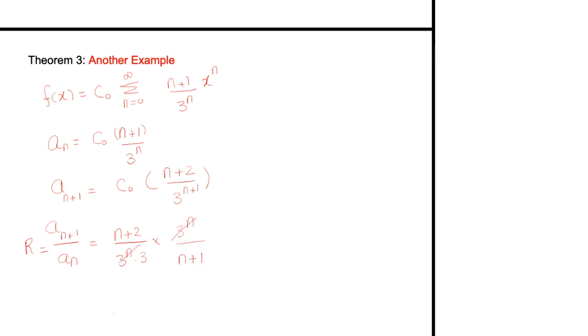So we will get now n plus 2 divided by 3 times n plus 1. Now further we can simplify it, that is 3n plus 3.